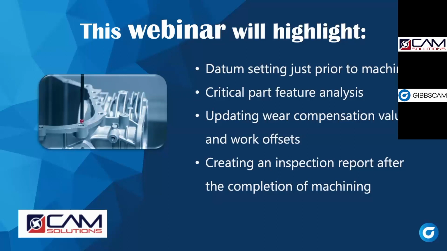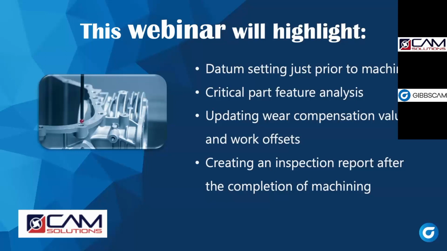You also have to have the software that comes with the probe from Renishaw, called Inspection Plus, and it's resident in your machine. GibbsCAM interfaces directly with Renishaw Inspection Plus to output the probing code inside of your cutting program.